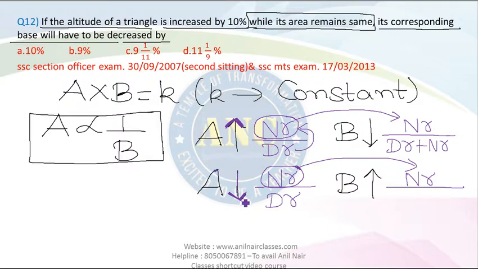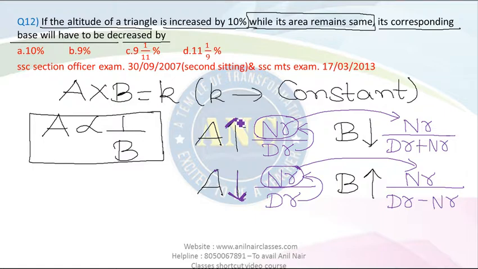If the question consists of a decrease, subtract these two and write it in the denominator. It becomes DR minus NR. This concept in detail, how you got it, everything I have explained in my percentage class. If you want to know the proof of it, you can refer to my percentage class video.